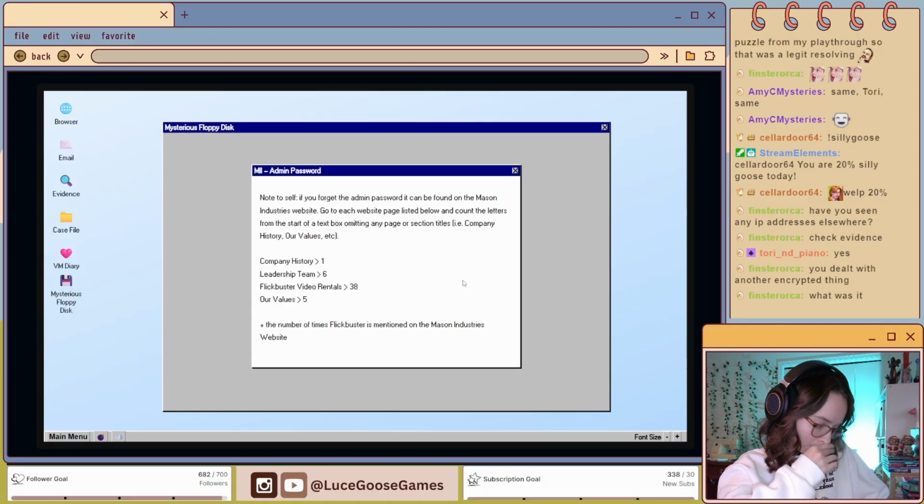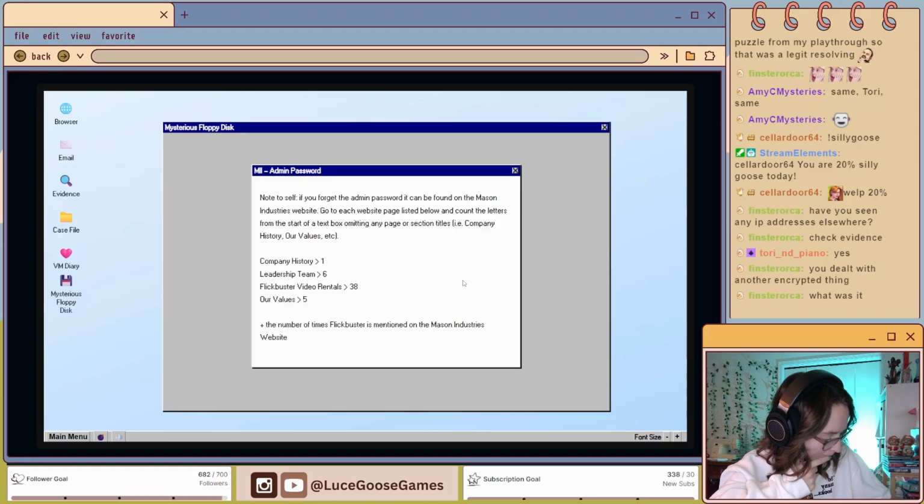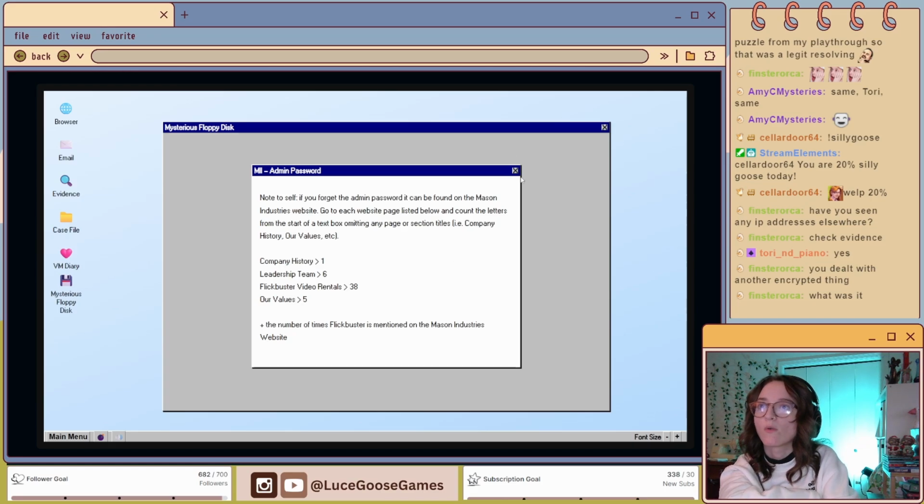Flickbuster video rentals. $38. Well, that's a jump. And values. 5. Plus the number of times Flickbuster is mentioned on the website. That's crazy. Okay, that is a wild password clue.